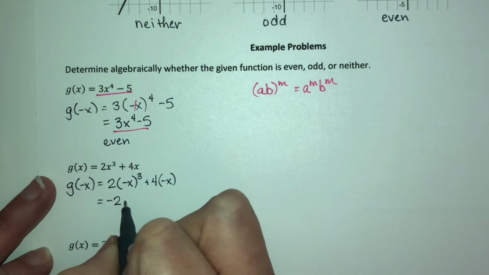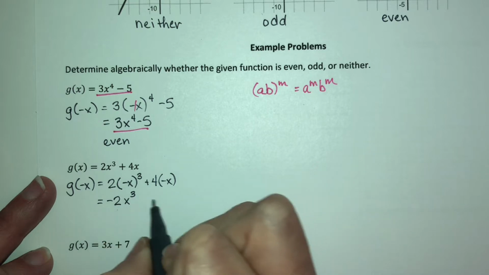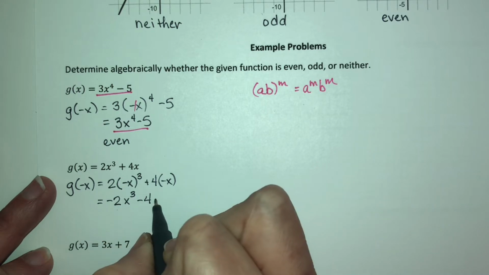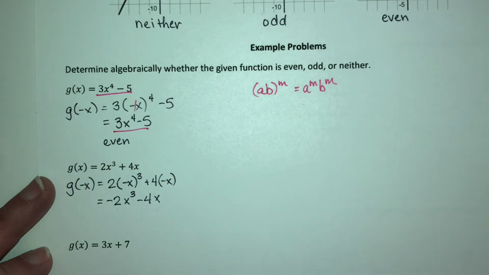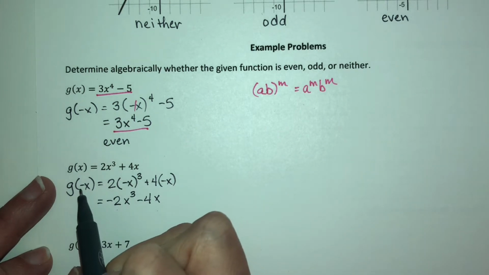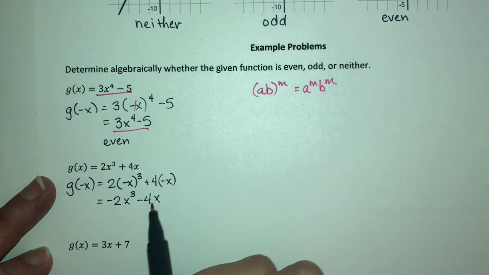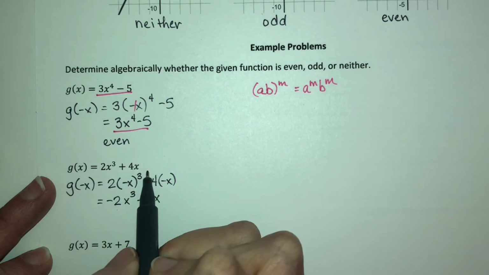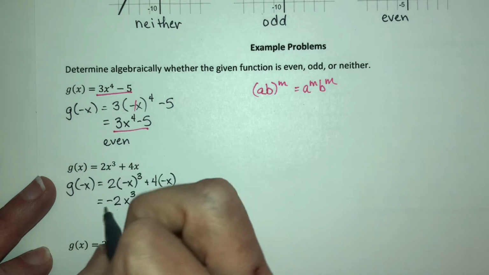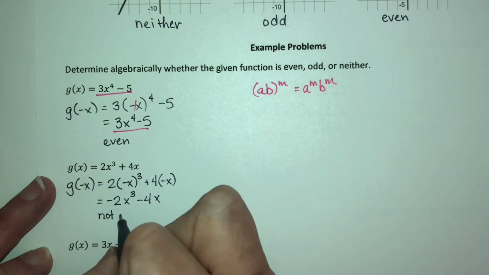So this is negative 2x cubed minus 4x. So we've plugged in negative x, we've simplified. Ask yourself, is this the same as this? No. So I know that this is not even.